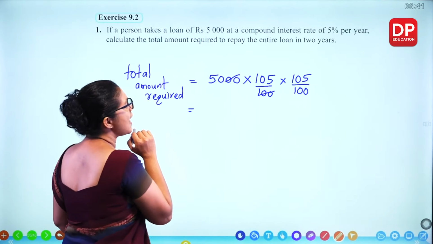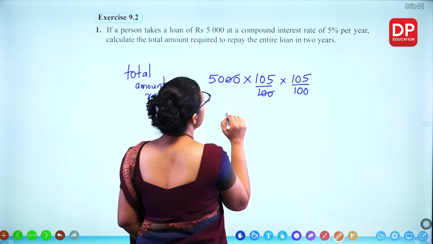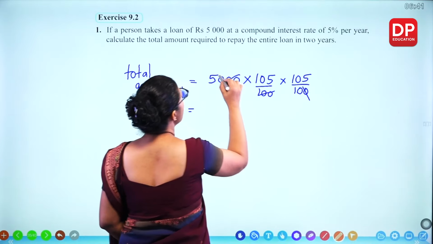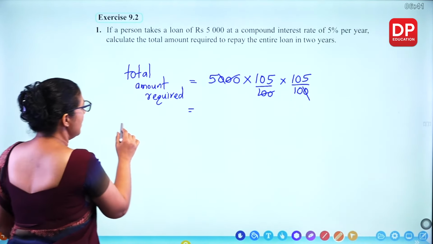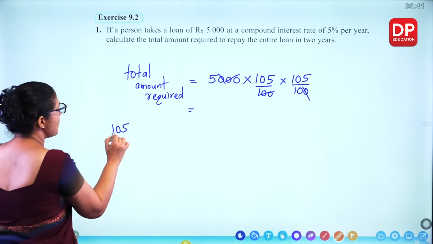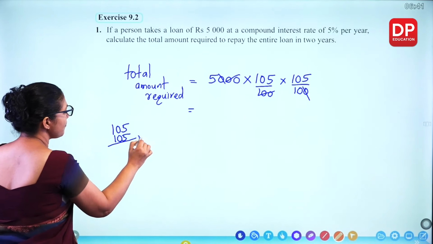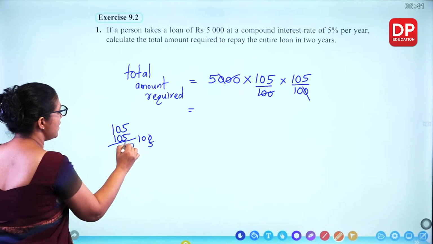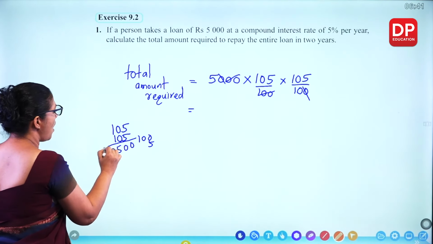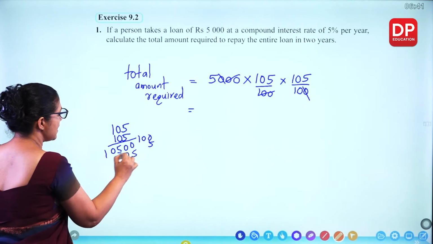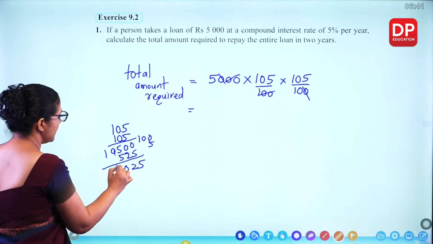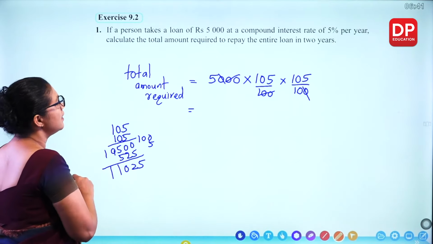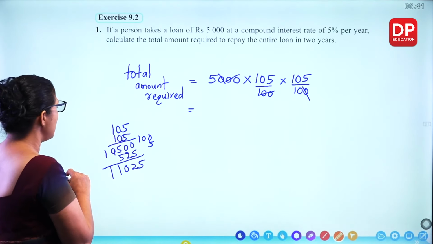2 zeros get cancelled out with 1 zero here. We'll multiply, first 105 times 105. 105 multiplied by 1, and then you get 525. Add it. You get this amount.